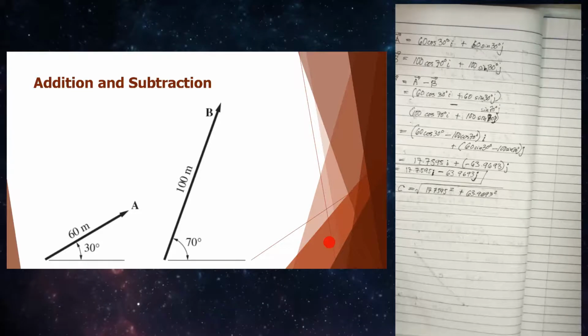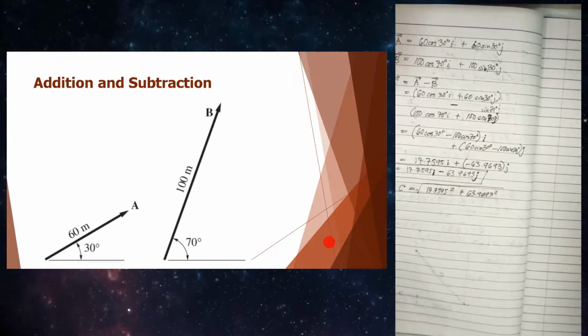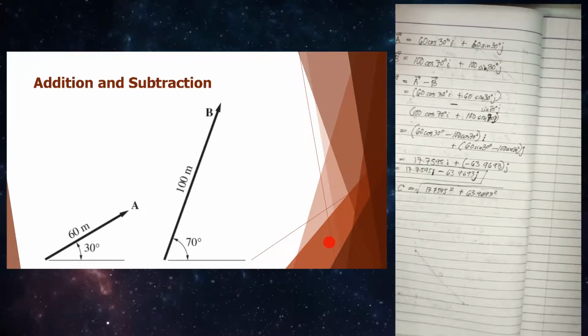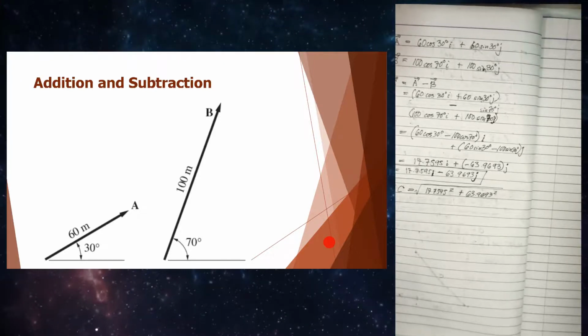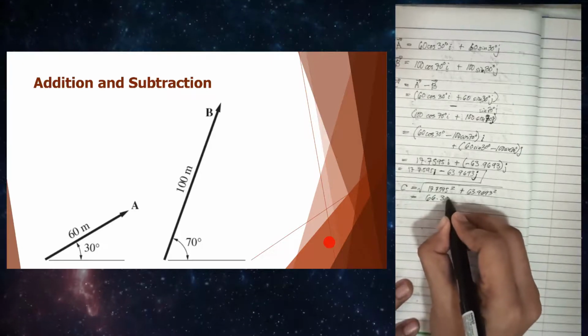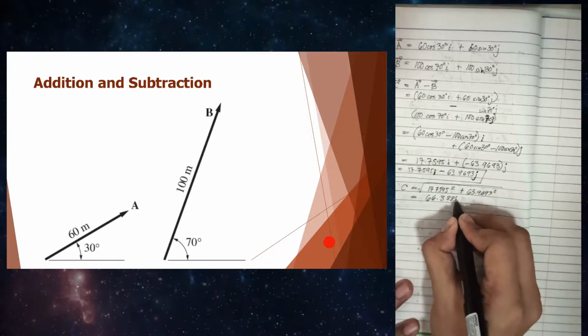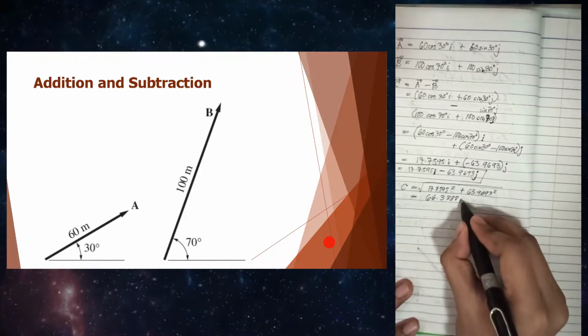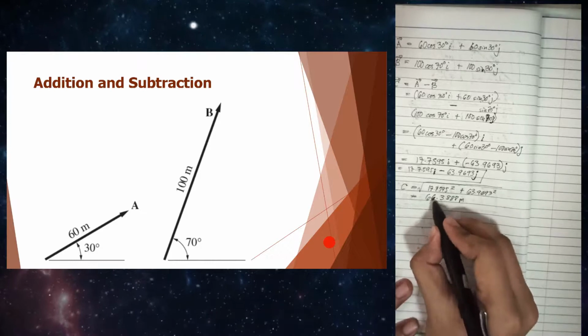May mali ang pindot. 17.7595 squared plus 63.9693 squared. Okay, so equals 66.3888 meters. Okay, so yun yung magiging magnitude.